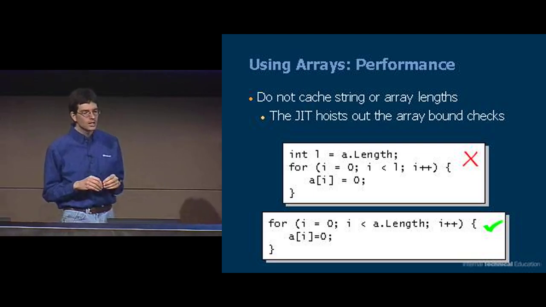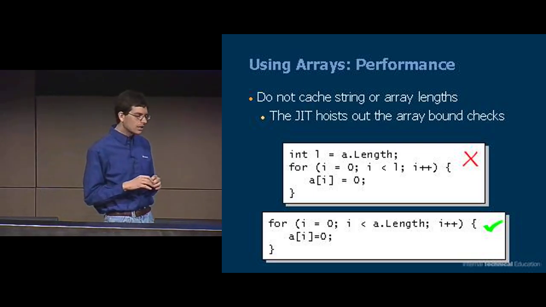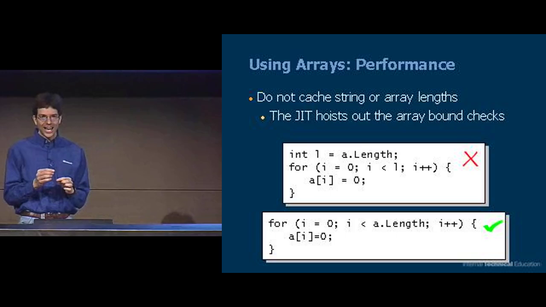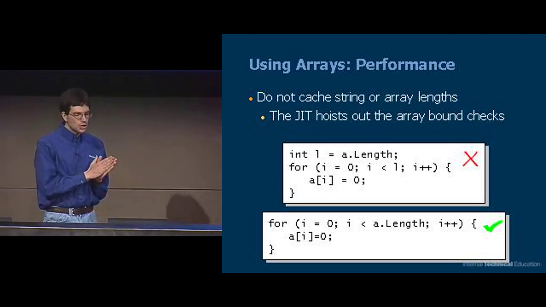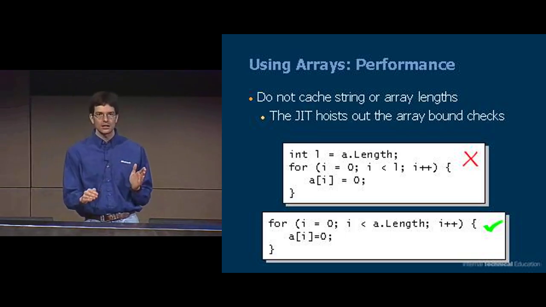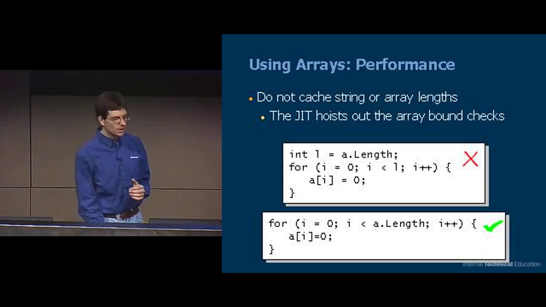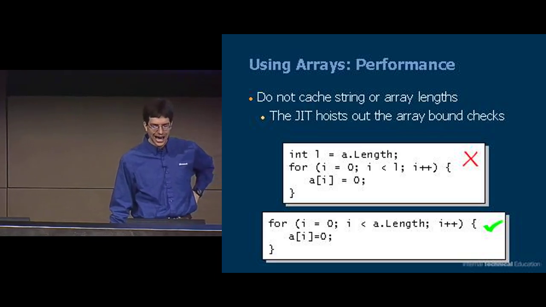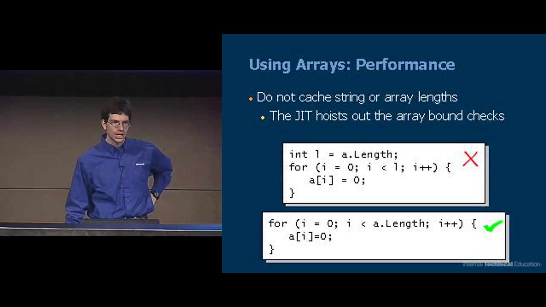So what we try to do is hoist those array bounds checks outside when the JIT compiler can recognize what you're doing. When it can prove that you never ask for anything larger than the length, then it can hoist those out. In the bottom case, we've taught the JIT how to recognize that, so it'll hoist the bounds check out and be net cheaper.